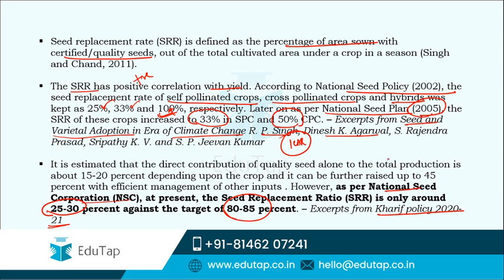For hybrids, seed is changed every year; for non-hybrids every 3 to 4 years or 2 to 3 years, but the government says they have to change at least every alternate year. So this is what they have given: at least 33% for self pollinated crops and 50% for cross pollinated crops. These are the important figures, and that's the reason I am discussing them with you.